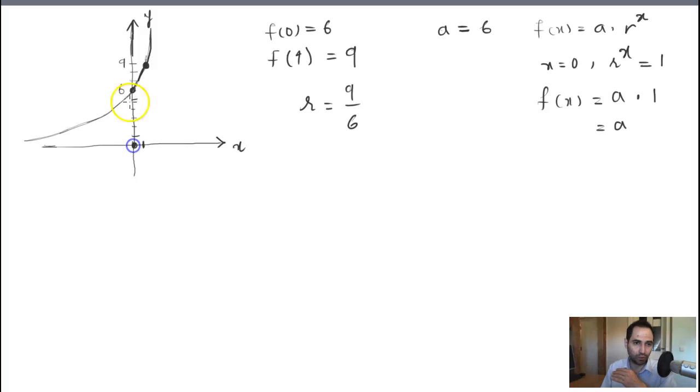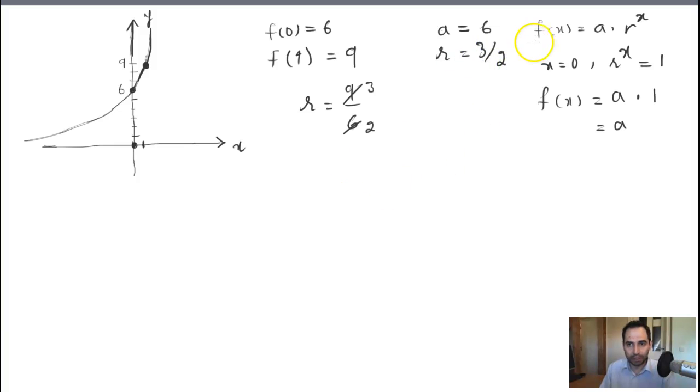You divide this output by the previous output, and that becomes your common ratio. Based on this common ratio, the function keeps moving. So this becomes 3 divided by 2. So your r is equal to 3 divided by 2.